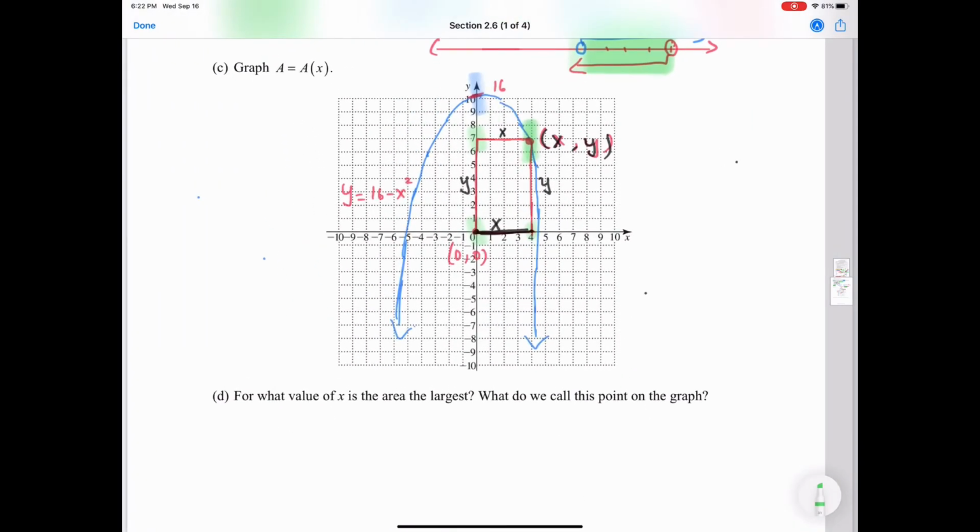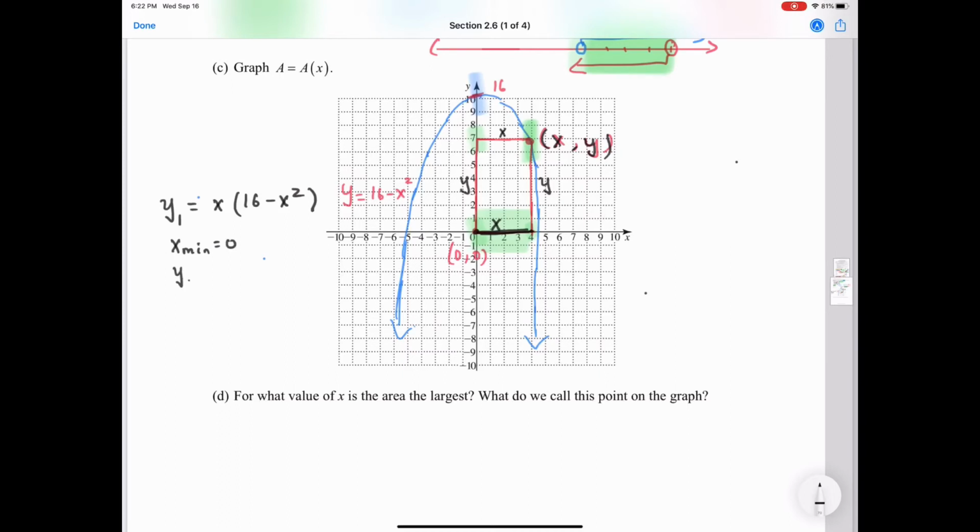There is one more thing we have to do in this problem, which is the last step. So I'm going to move up the screen a little bit. It's asking for what value of x is the area the largest. So technically, you need to find what this distance is for the area to be largest. For this, you can use your calculator.